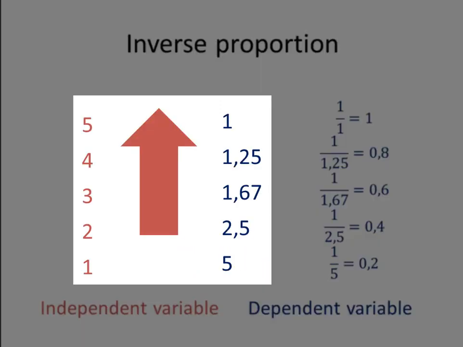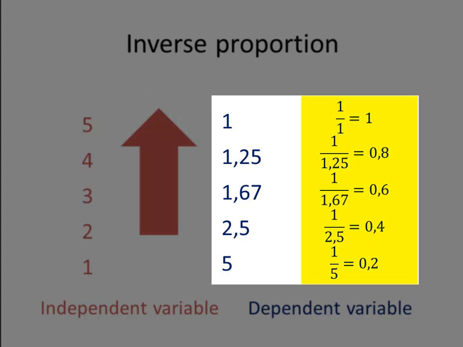So here again we have that data I was referring to before. 1, 2, 3, 4, 5 for the independent variable, and the corresponding dependent variable values are 5, 2.5, 1.67, 1.25, and 1. But what about taking the inverse of those dependent variable values? So the inverse of 1 is still 1, but the inverse of 1.25 is 0.8.